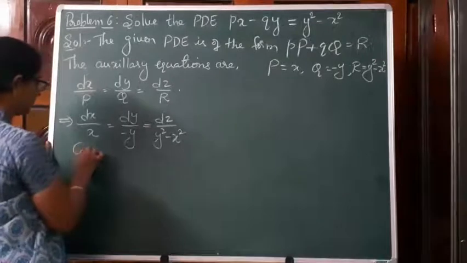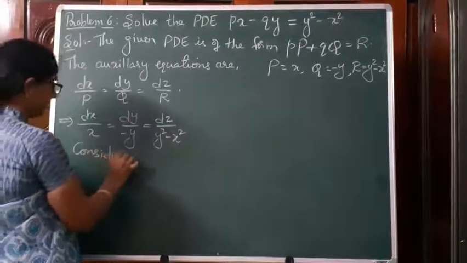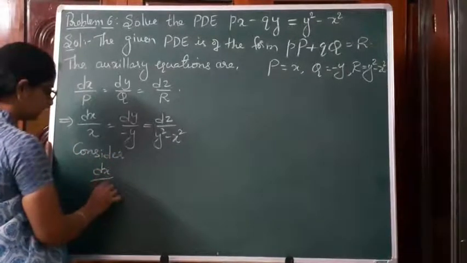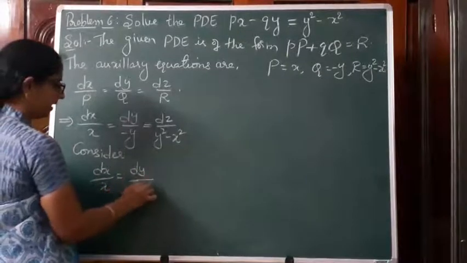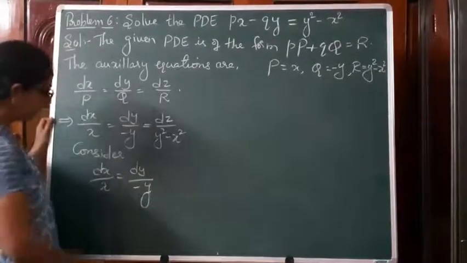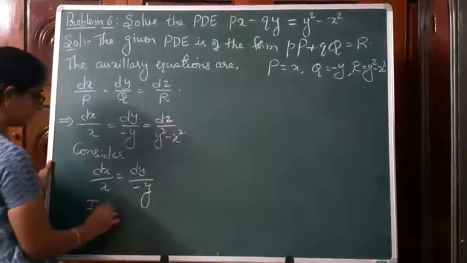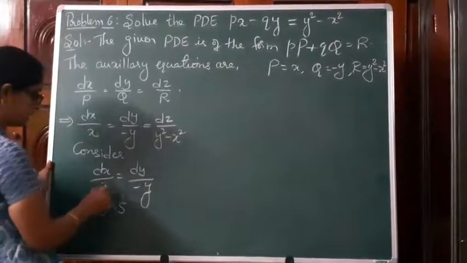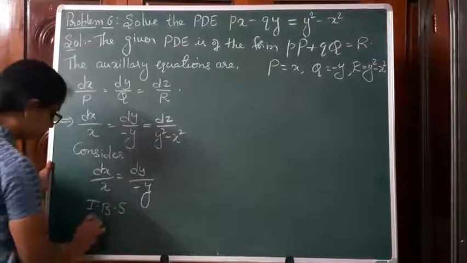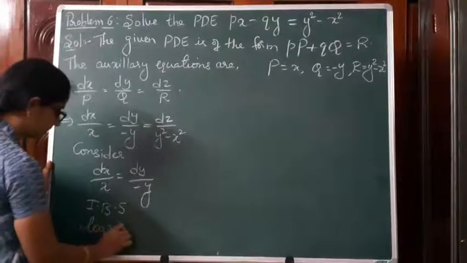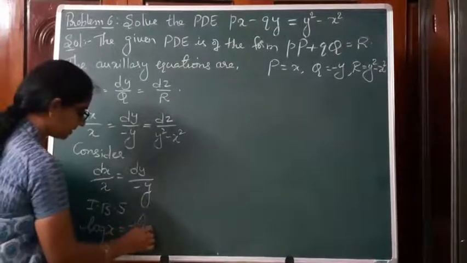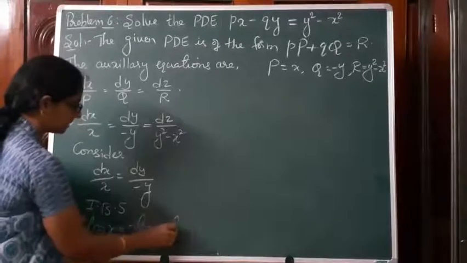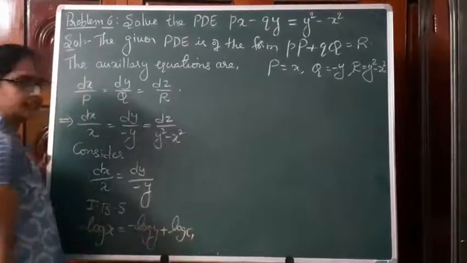So for the time being we consider dx by x is equal to dy by -y. Now integrate both sides. Integral of 1 by x is log x, equal to minus integral of 1 by y, which is minus log y, plus let us take the integration constant as log c1.